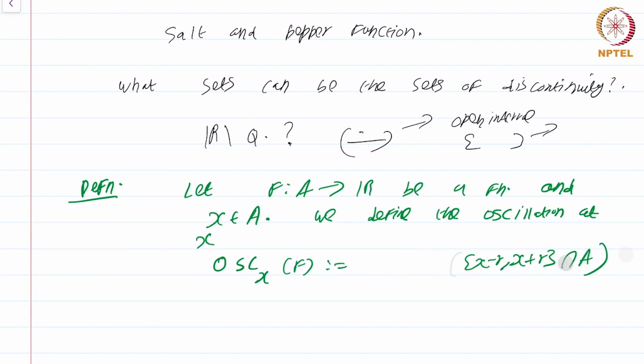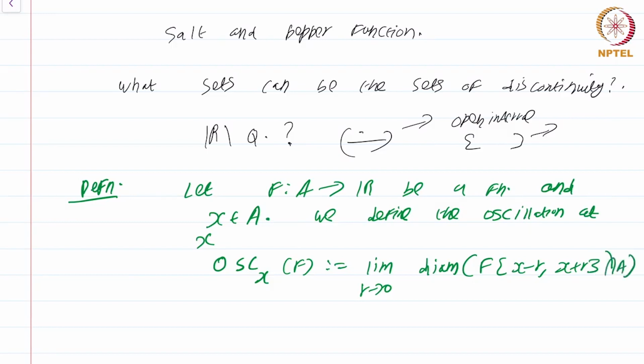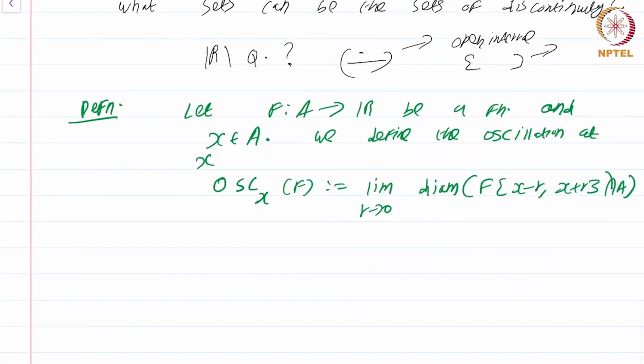This is the limit as r goes to 0 of the diameter of f of the closed interval [x minus r, x plus r] intersect A. Now I must tell you what this diameter is, because that was not something that we have studied so far.